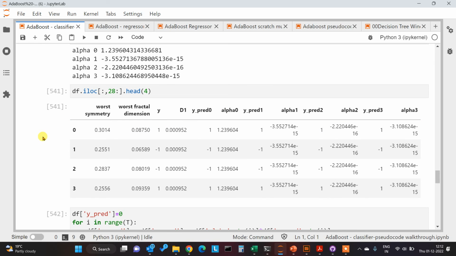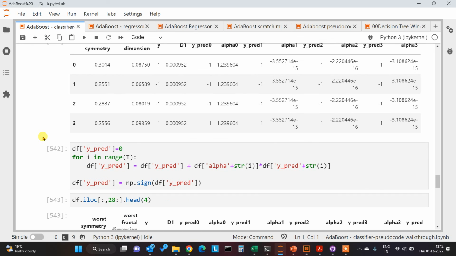Next, what do we require to do? Sum it up. And the logic of summing up we have just discussed. We'll multiply the predicted value of each of our models with the amount of say and add up. So that is what we are doing here. We have initialized our overall predicted value, and then we'll multiply our alpha values with the predicted values for each of our models, and add up.